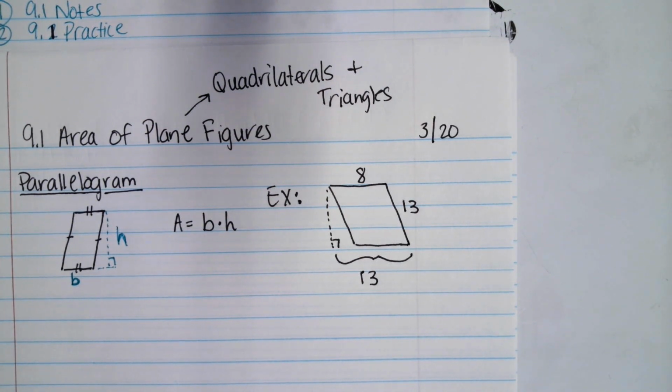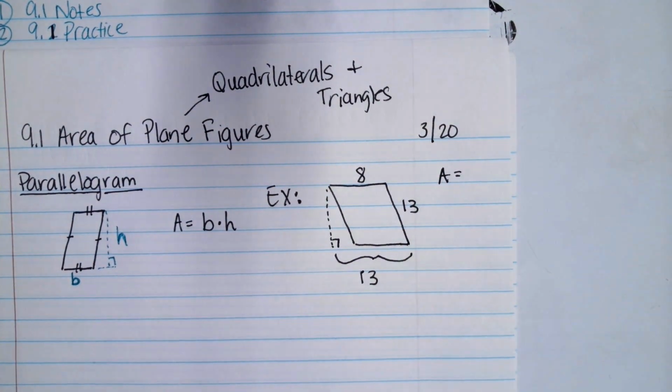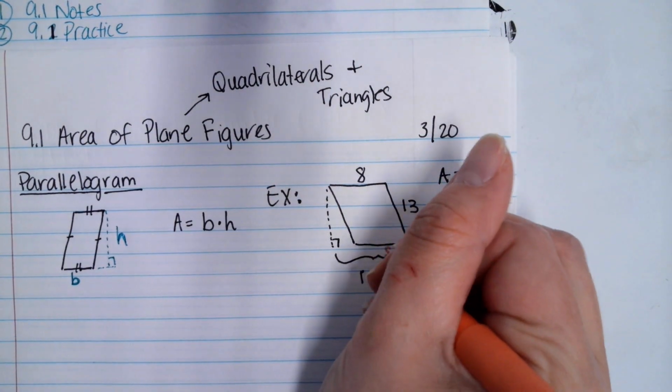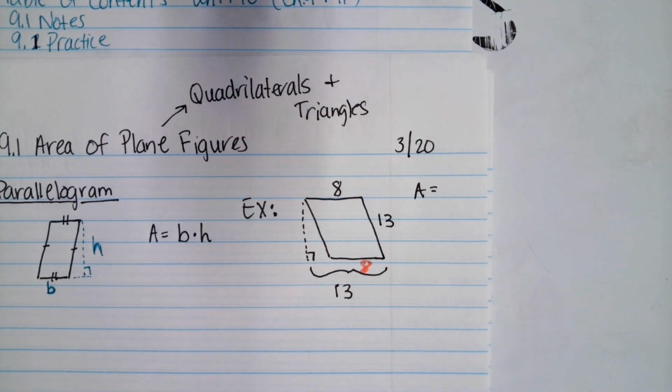Do I have all of the information to find the area? Okay, so what's the base? 8. 8 is the base. I'm going to drop it down to the opposite side in case you've not already drawn it. Make sure you do that. So I know this part right here is 8. Do I know the height?